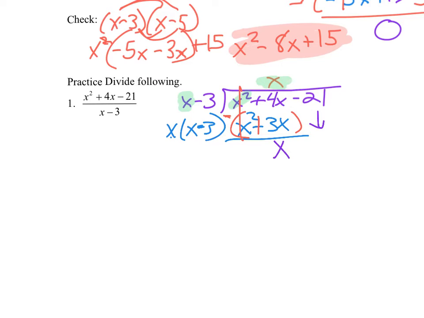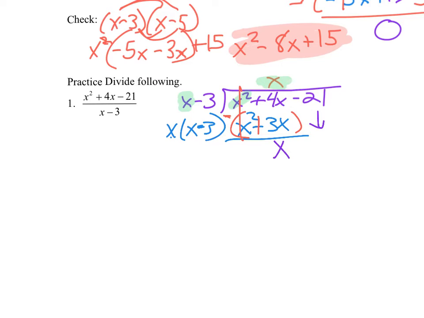I have plus 1x minus 3x, and then minus 3. All right, and then I subtract the 18. So I'm going to put these terms together and these terms together. So I have x squared plus x minus 3 is minus 2x.